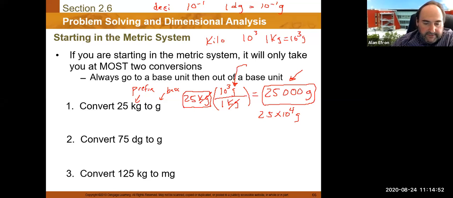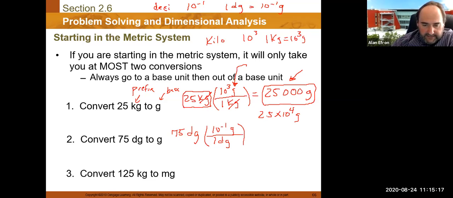So we'll start with our 75 decigrams. Again, decigrams are on top, so we want to get rid of them. So on the bottom would go 1 decigram. On top would go 10 to the minus 1 grams. Or that's the same as 10 decigrams in 1 gram. So either way, however you want to do it.